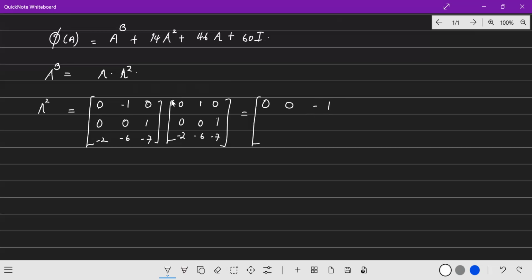Second row now, 0 by 0 is 0, right? 0 by 1 by 0 again, that is 0. 1 by -2, that is -2. So here you're just going to end up having -2. And then again, 0 by 1, that is 0. 0 by 0, that is 0. 1 by -6, that is -6, okay? Again, the same row, 0 by 0, 0, okay? 0 by 1, that is 0. 1 by -7, that is -7, okay?